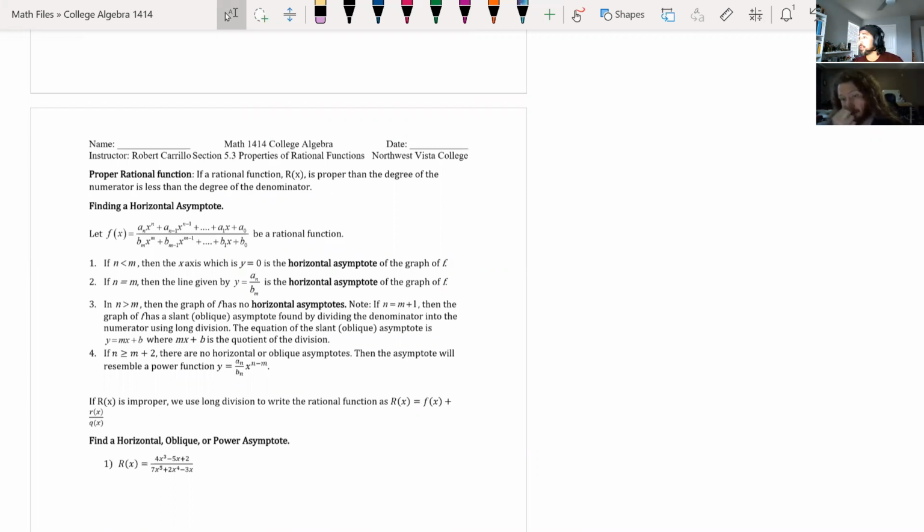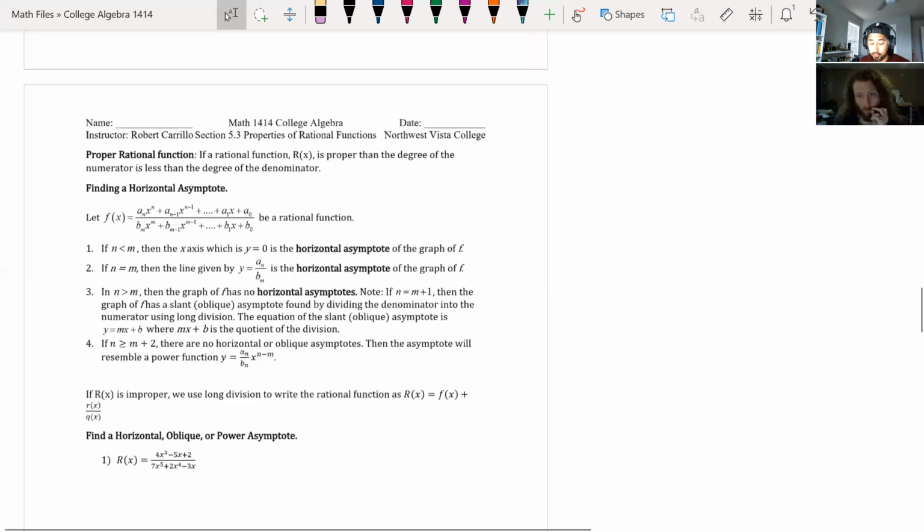To be a proper rational function, the degree of the numerator has to be smaller than the degree of the denominator. If you do not have a proper rational function, then you will have to fix it by long division.